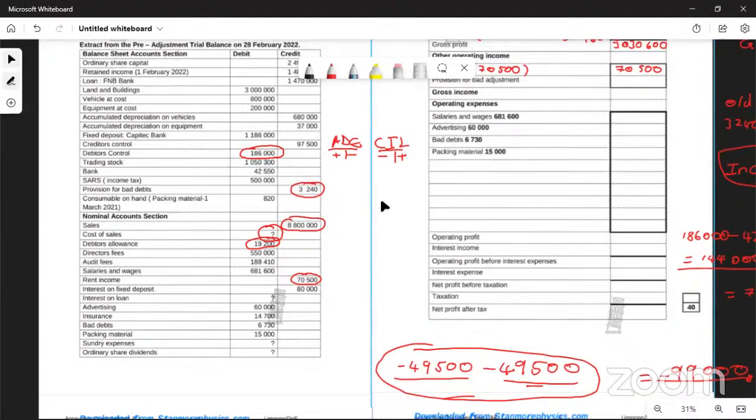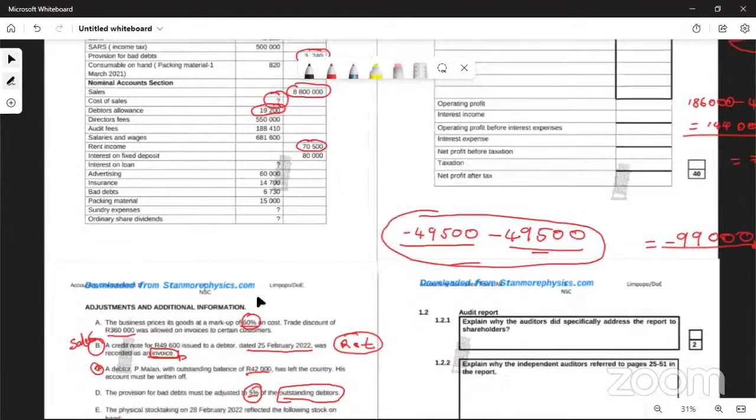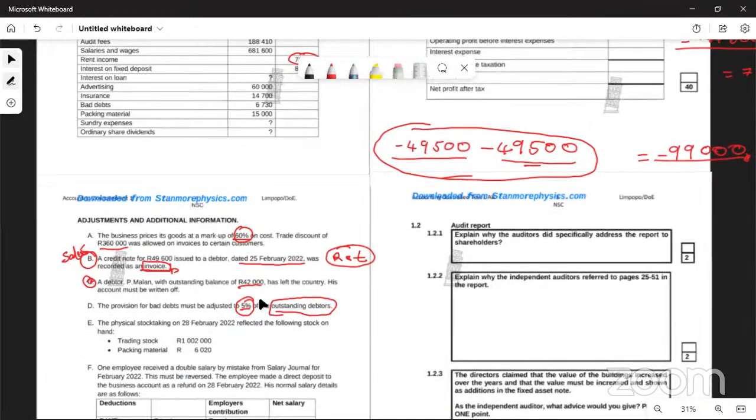Debtors control was 186,000 minus the new bad debts of 42,000. 144 multiplied by 5%. So that is the new provision for bad debt according to them.